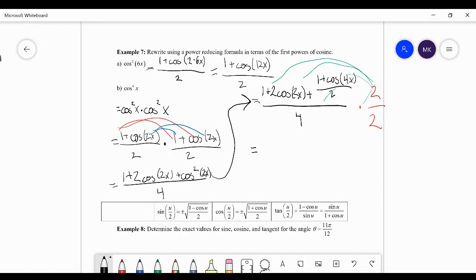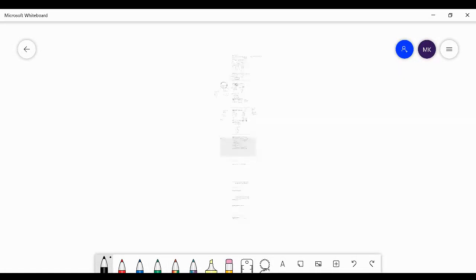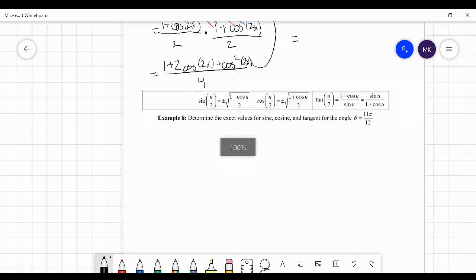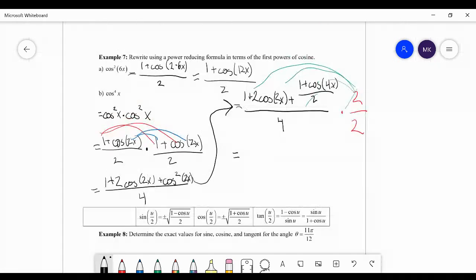So what I'm left with is 2 plus 4 cosine of 2x plus, now that 2 got distributed into this fraction, but that denominator just canceled, so plus 1 plus cosine of 4x. And then my 4 gets multiplied by 2, giving me an 8.